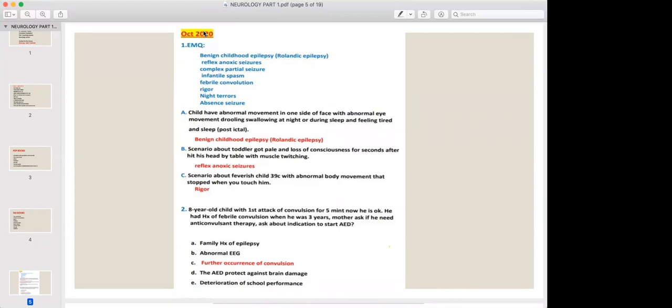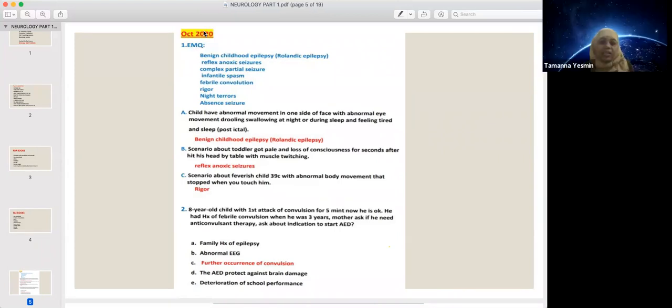In rigor, there is a history of temperature, but in jitteriness, there is no history of temperature, right? And in jitteriness, the neonate may have hypocalcemia, hypoglycemia, but in that time, if you touch the child, it will not stop, right? So you have to know the difference between rigor, jitteriness and convulsion.